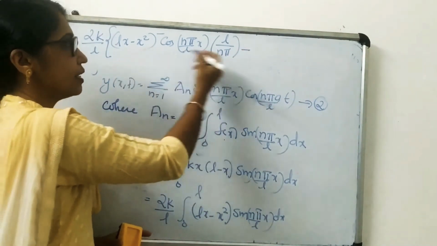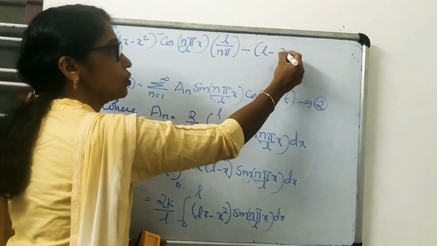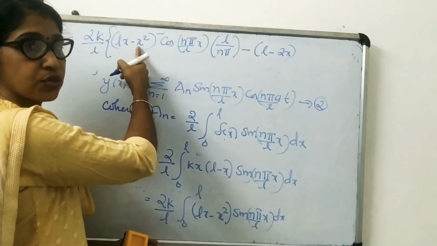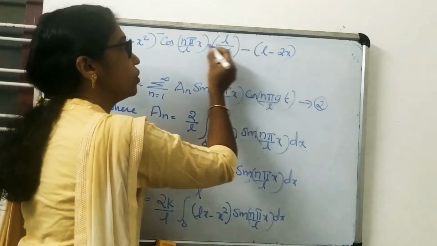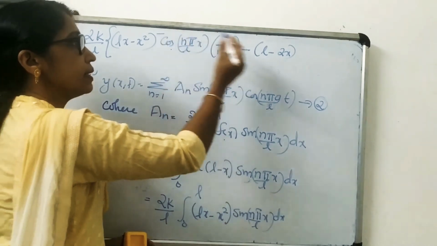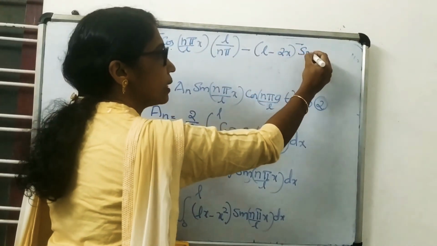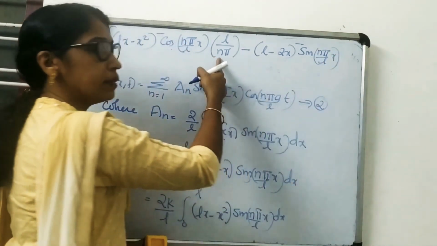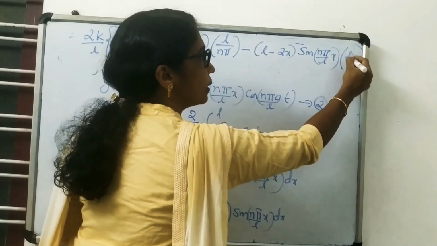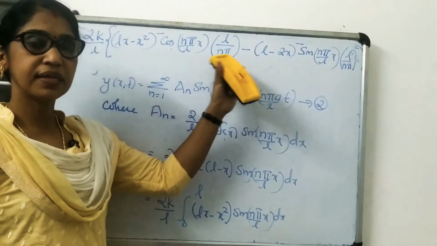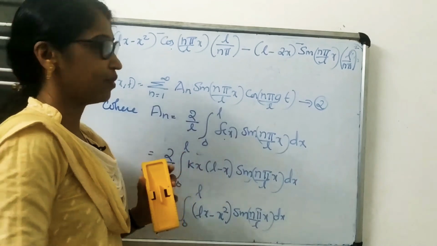Derivative of first. What is derivative of first? L minus 2x. Okay. Derivative of Lx is L and of minus x square is minus 2x, into integral of this cos. Integral of cos is sine. Minus sign is here. So I am writing minus sin n pi by Lx into, this becomes L by n pi the whole square. This integration you studied in the second sum. Okay.